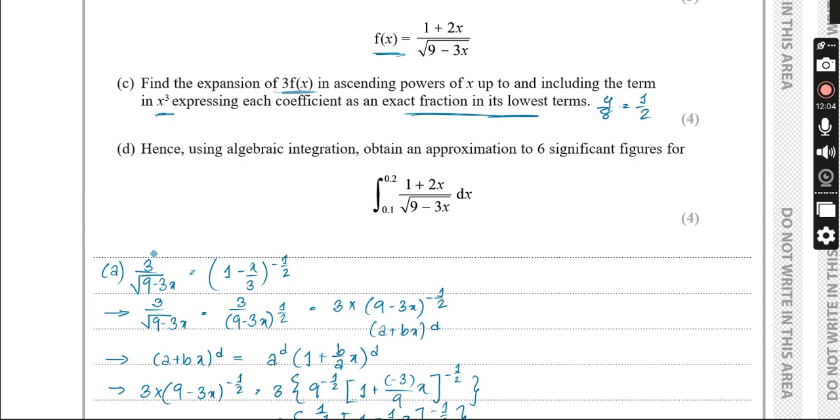And this is the answer for part B. For part C, hence using algebraic integration, obtain an approximation to significant figures. For this, the lower limit is 0.1, the upper limit is 0.2, and 1 plus 2x divided by root over 9 minus 3x is actually fx. We have been asked to integrate fx.